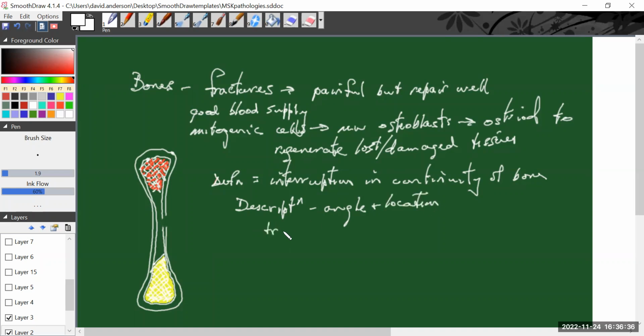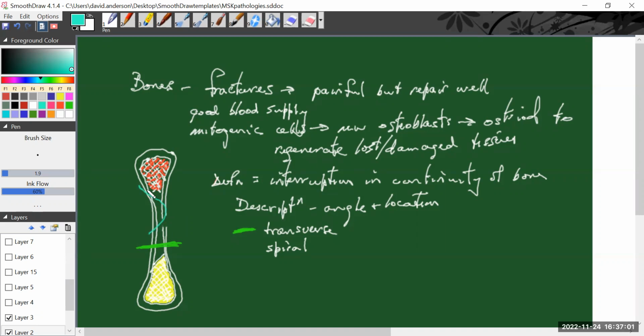So we might call it transverse. Transverse would be going right across. That would be a transverse. We might describe this being spiral. Spiral fractures are kind of cool to look at on an X-ray. But what they do is they kind of work their way up on a rotation.